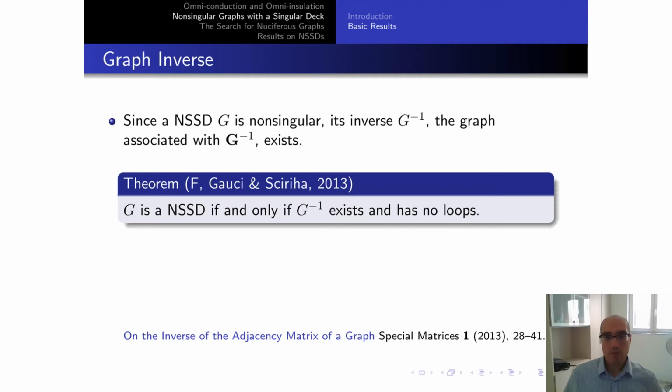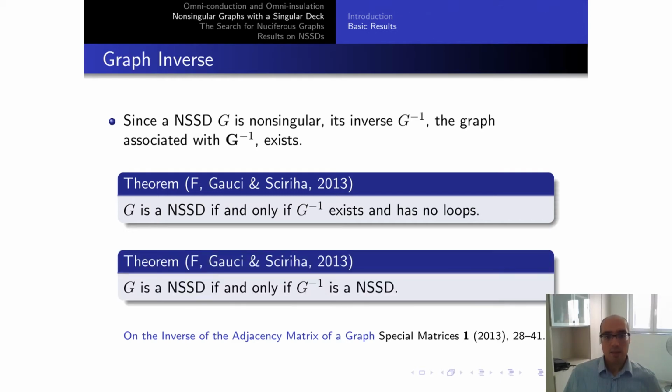But now, if we consider this inverse to be a graph itself, then the inverse of the inverse will be the NSSD itself. And this tells us then that a graph G is an NSSD if and only if its inverse is an NSSD.